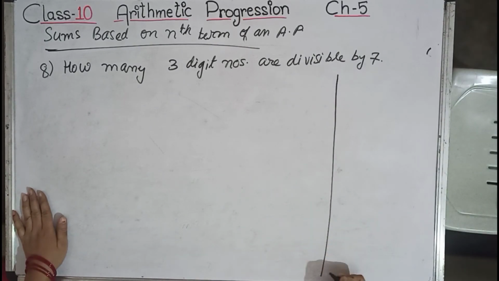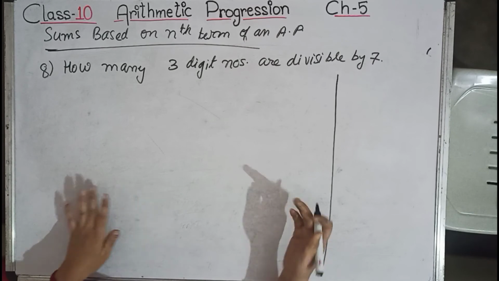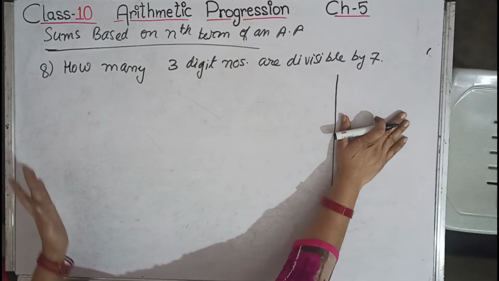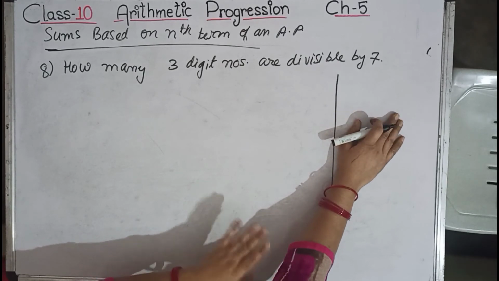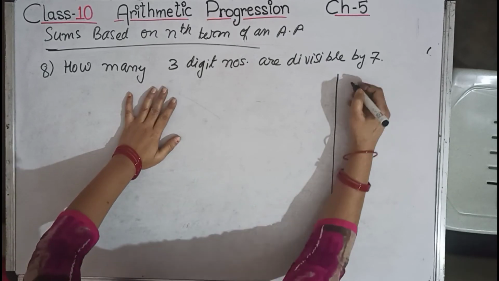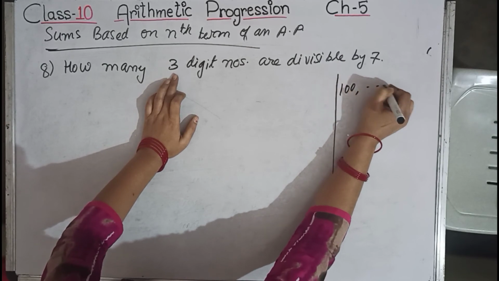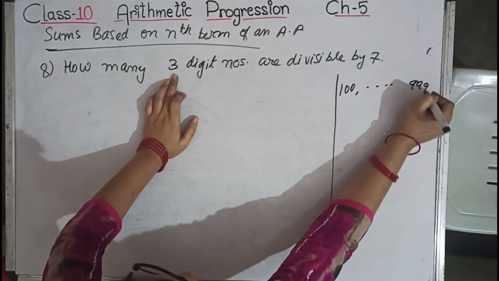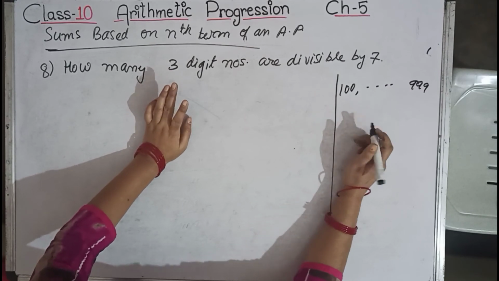So here, one rough part: either you do the calculation in rough part or in mind, your wish, but please make a habit of making the rough column, it will help you. Okay, so over here 3-digit numbers start from 100 and go till 999. Now the first 3-digit number which is divisible by 7 we have to find out.